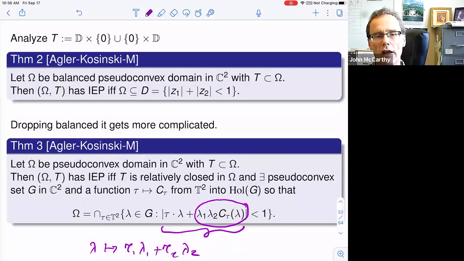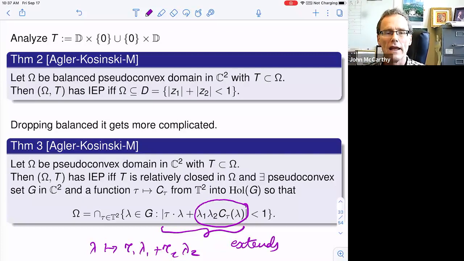It has to agree with this function on these 2 cross disks. So a general extension means I can add any function C that vanishes on the 2 cross disks. I can pull out a product lambda 1, lambda 2. And so then this inequality for any particular lambda just says that this function extends.